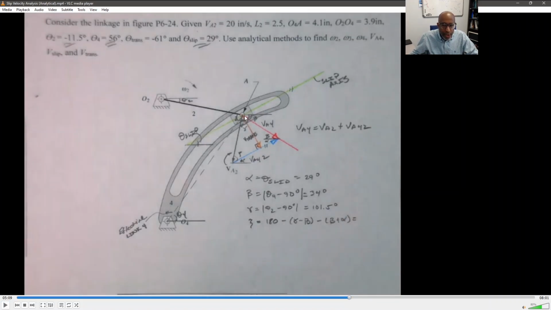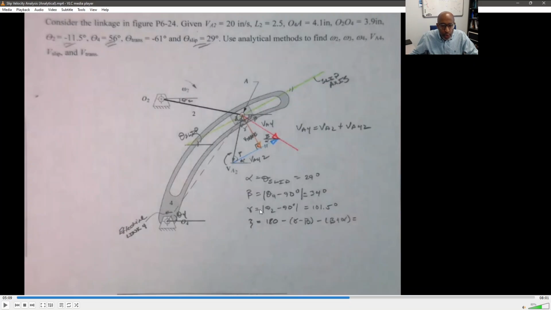And so we have a triangle here: black side, blue side, and red side. We know that this part of the triangle is going to be the gamma minus our beta. We know this angle here is a beta plus alpha. And this angle over here is our sigma.